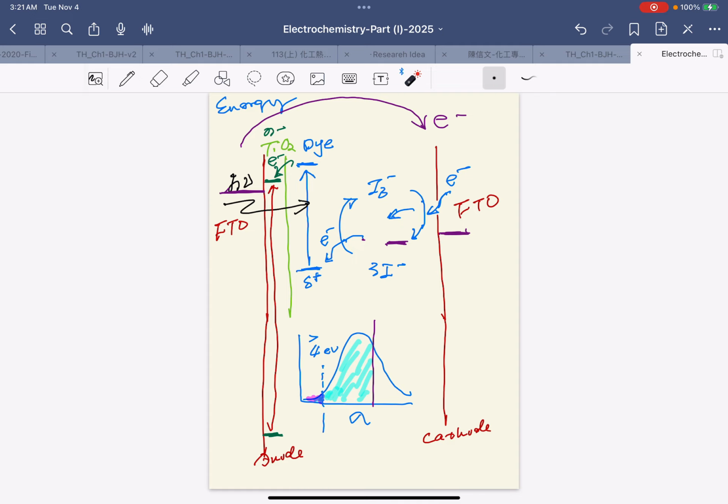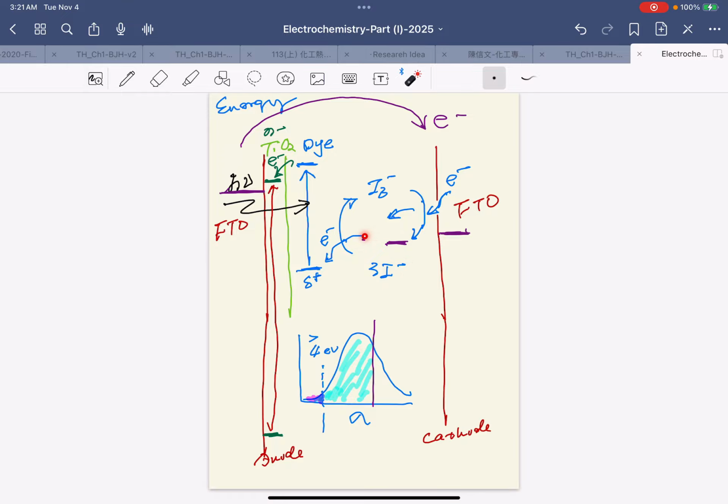And then you use iodide redox as a mediator. It's a redox mediator. So at the cathode side, this iodine will be reduced to iodide. Of course, I3 minus is iodine plus I minus, so that is triiodide that can be reduced to iodide.